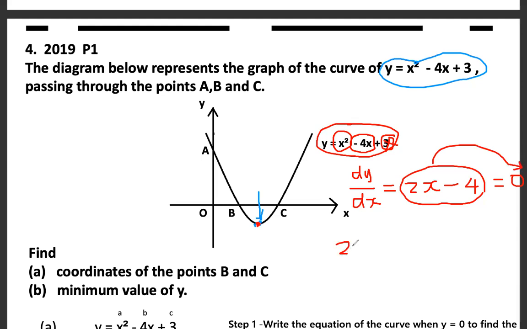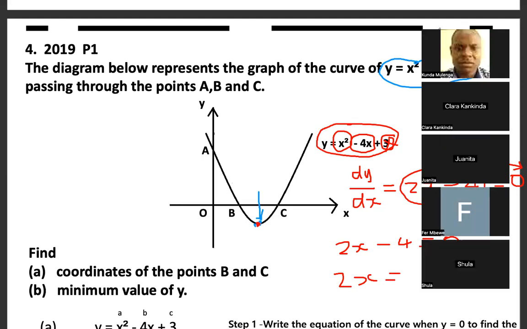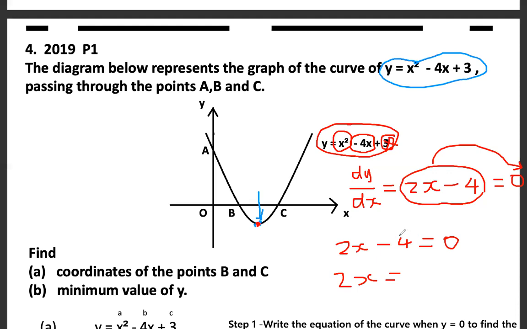So 2x minus 4 equated to 0. 2x is equal to, the negative goes across and becomes positive 4. We divide by 2 on both sides, and the value of x is equal to 2.